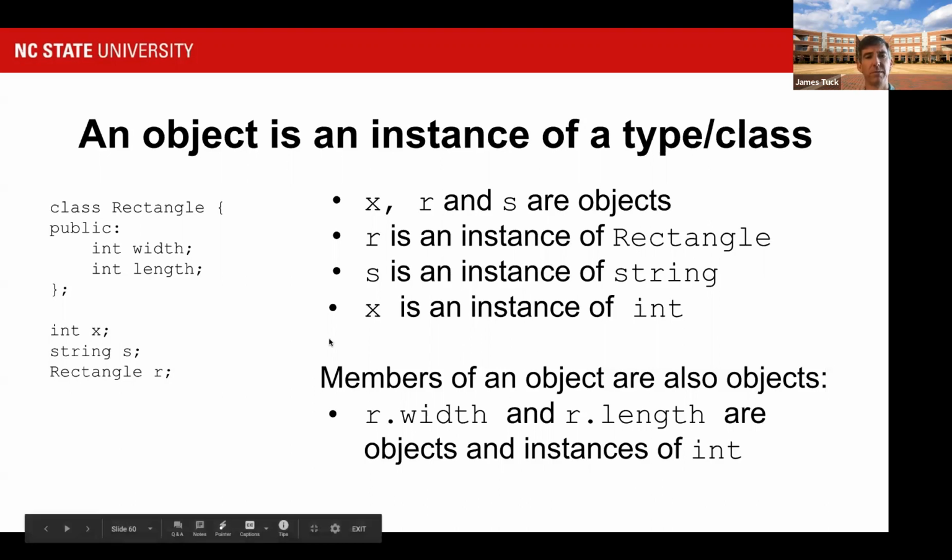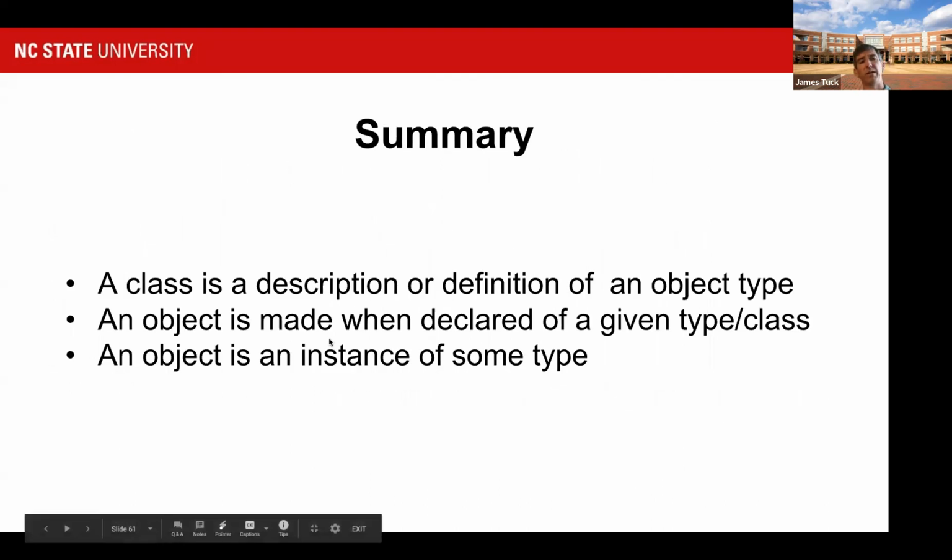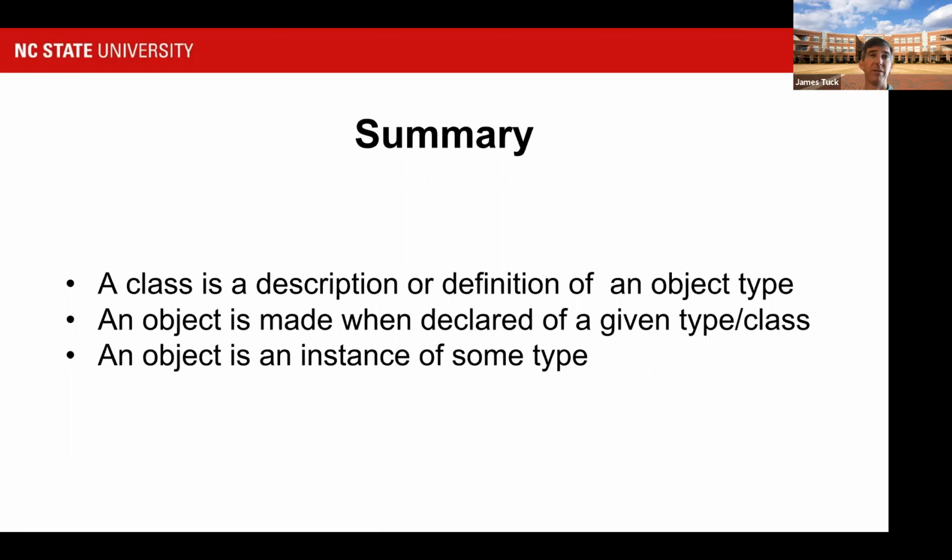Okay, so in summary, a class is a description or a definition of an object type. It doesn't actually allocate memory anywhere. It just says later we may make a variable of this class. An object is made when declared, and an object takes up memory.